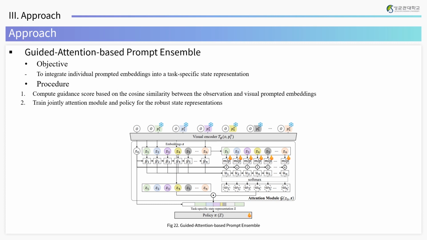As the attention module is optimized by a given reinforcement learning task objective in the source domains, the resulting state representation tends to be task-specific, while it is also domain invariant by the ensemble of contrastively learned visual prompts based on attention module with respect to the combinations of multiple domain factors.